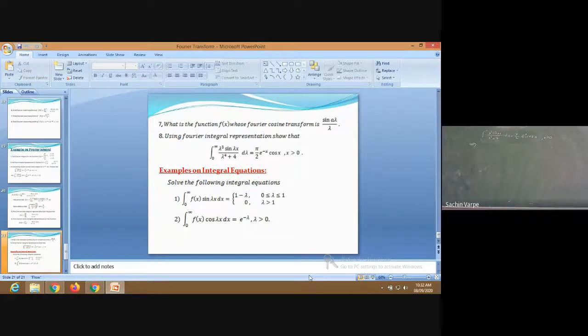Using Fourier integral representation, show that this. So read the question carefully and see what we have given and what we have asked to evaluate. Any one of you tell me what we have given and what we have asked to evaluate, or from which formula we have to start.